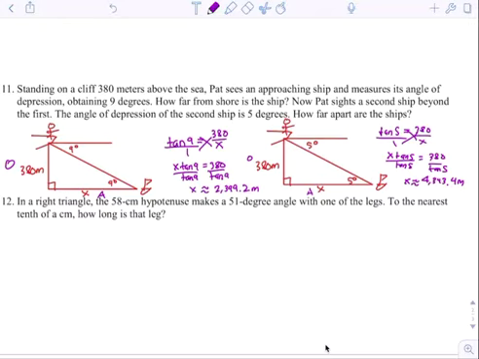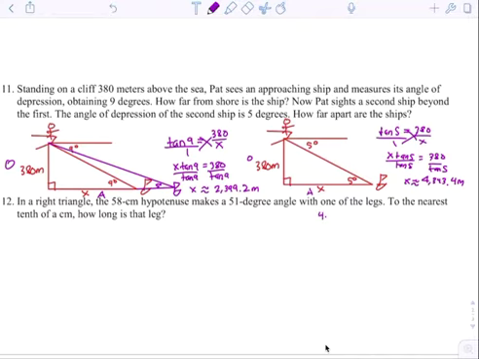So what that means is that if we go back to this, he saw another ship all the way out here. And that was 5 degrees. So we just subtract the two lengths from each other.